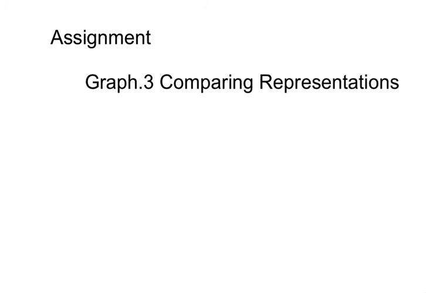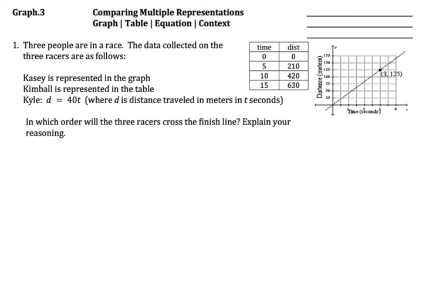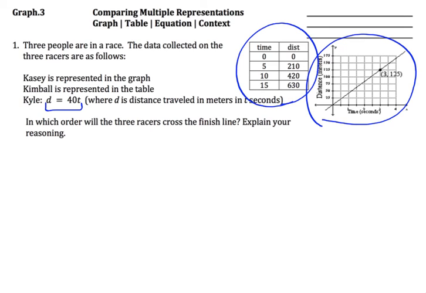All right, in your practice, on 1 you're making a comparison between 3 different people in a race. We've got Kyle, he's got an equation, and Casey is the graph, and Kimball is represented in the table. You need to find the slopes of all 3 of those and compare them. We need to put them in order of first place, second place, third place of when they will finish.